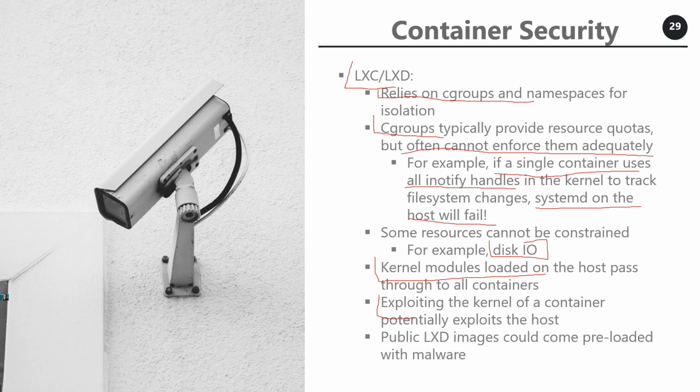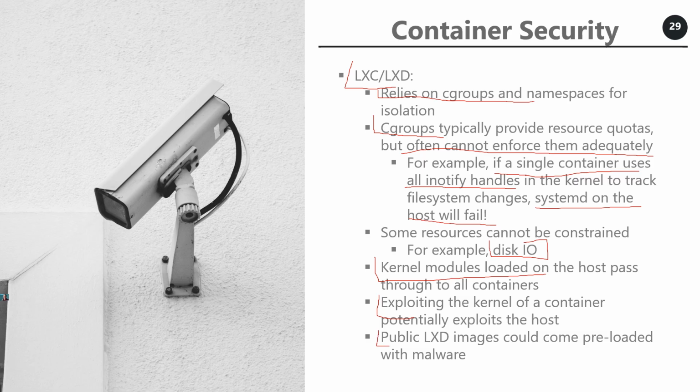Again, the container uses the host kernel, so it's not fully isolated like a virtual machine, a VM. If there is a kernel exploitation in a VM, it affects only that VM, right? Not so in the case of containers.